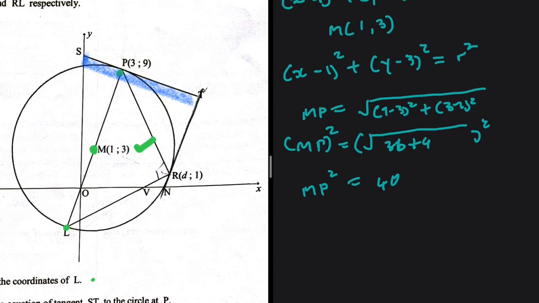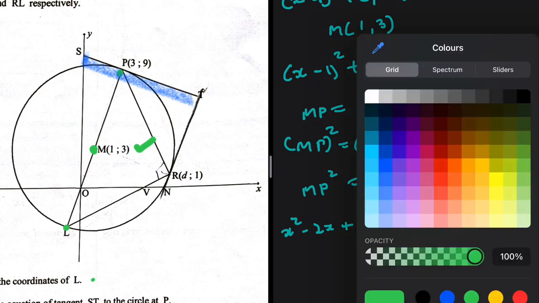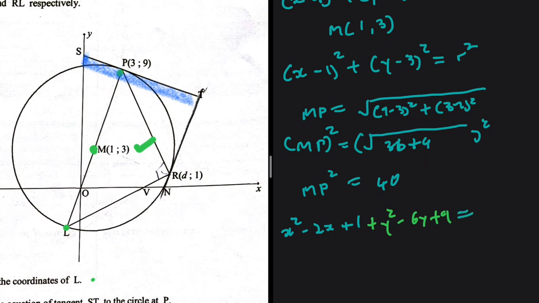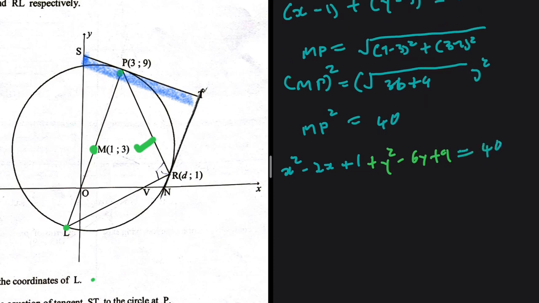And then x minus 1 squared is x squared minus 2x plus 1. And y minus 3 squared is going to be y squared minus 6y plus 9. Everything is equal to 40 because r squared is 40.